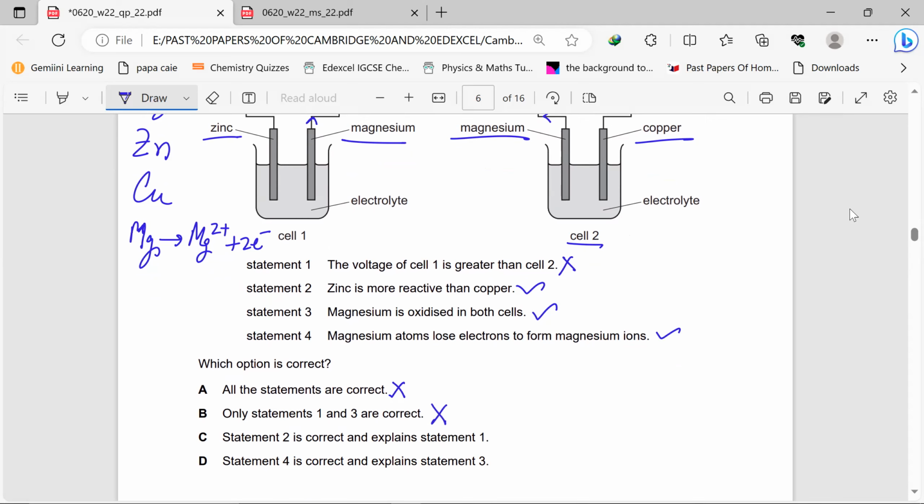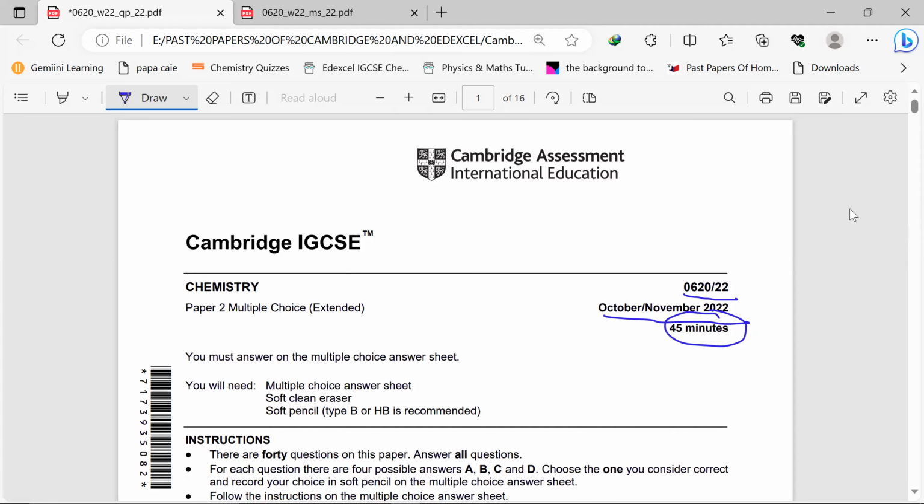So this is not true. Statement 2 is correct and explains statement 1. Statement 2 is correct: zinc is more reactive than copper. And does it explain statement 1? Yes, to some extent it is explaining statement 1.